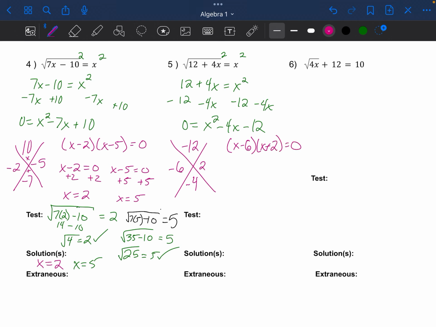All right, so I just built that X there, putting that negative 12, the c value, on top, and putting the negative 4 on the bottom.